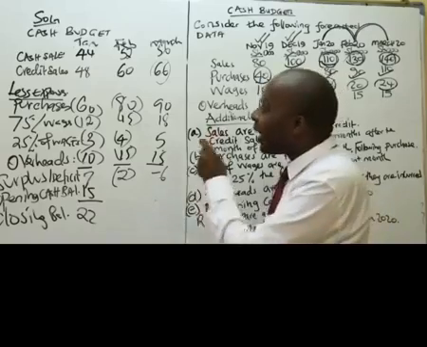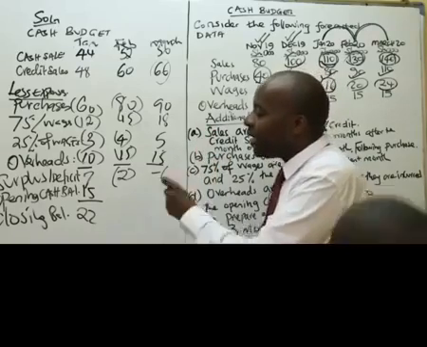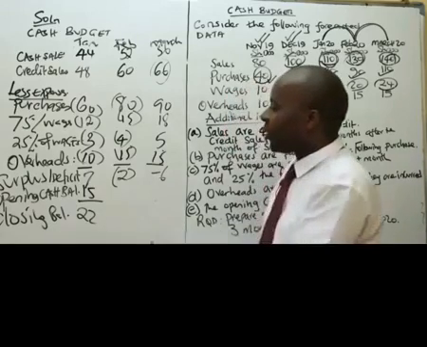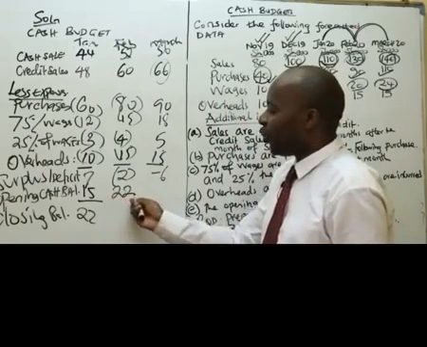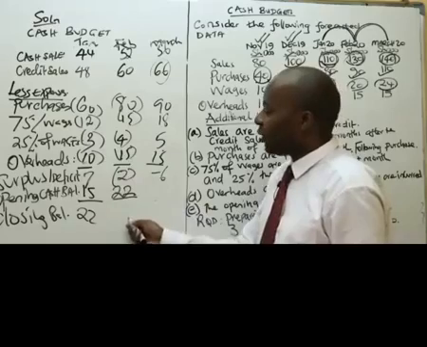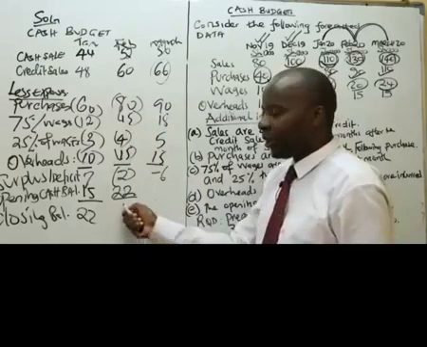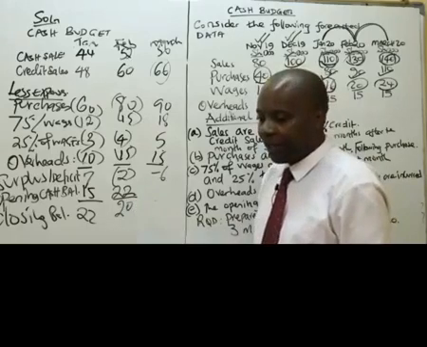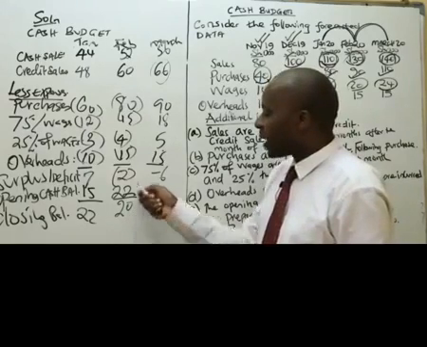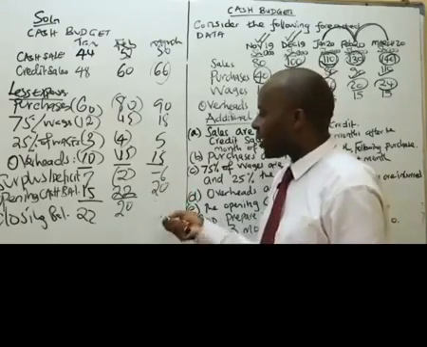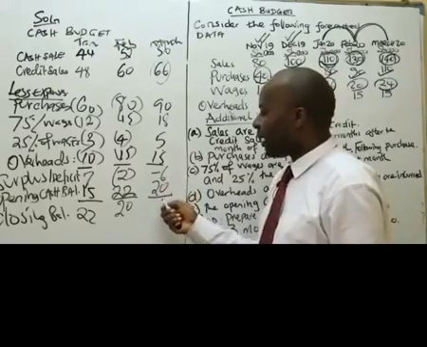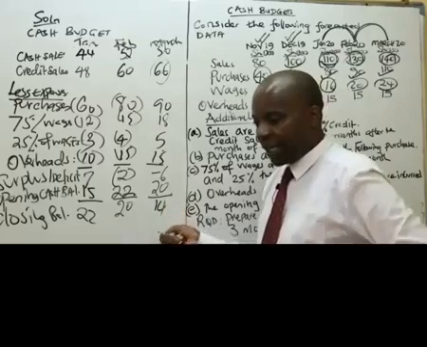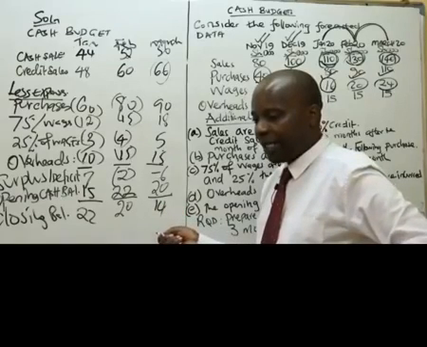The opening balance of February will be the closing balance of January, which gives me 22. Now give me the closing balance of this month. 20. And this 20 now marks the beginning here. So 20 minus 6 gives me what figure? This gives me 14.